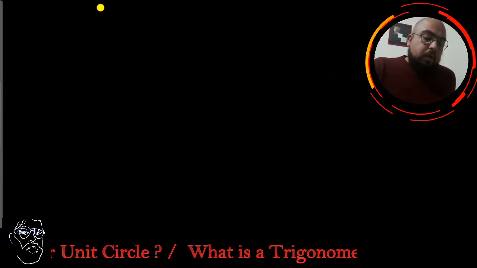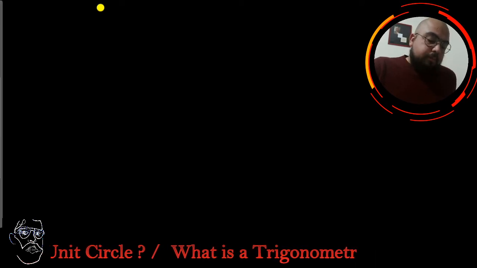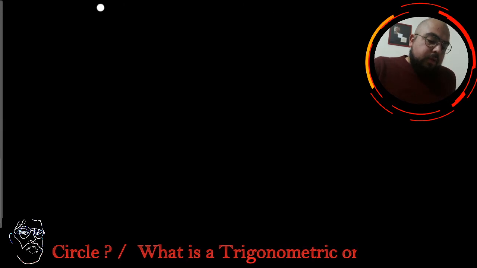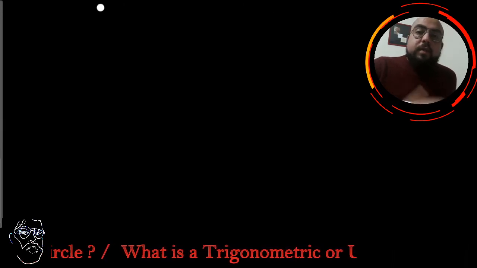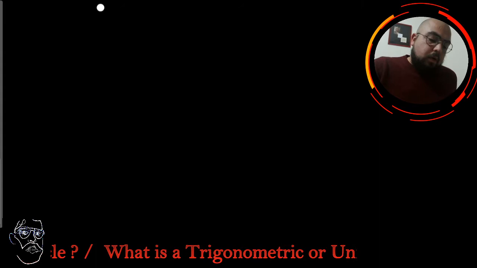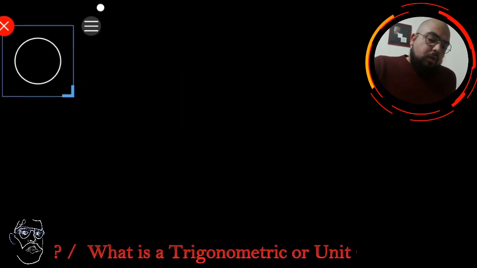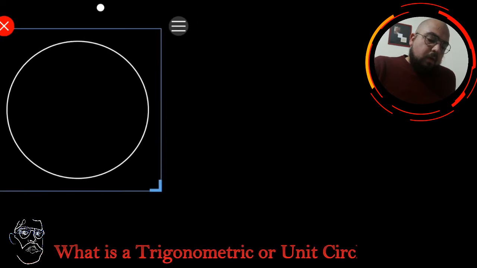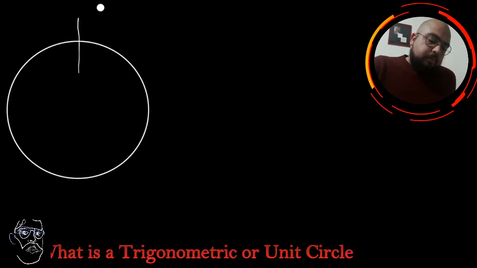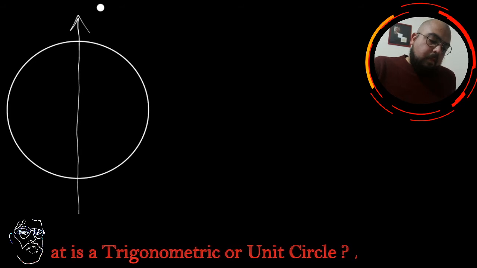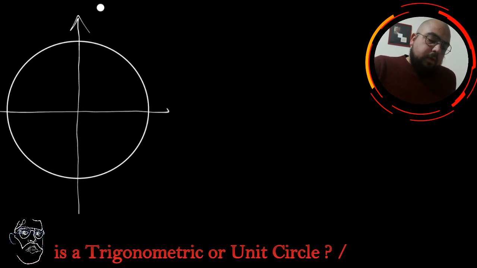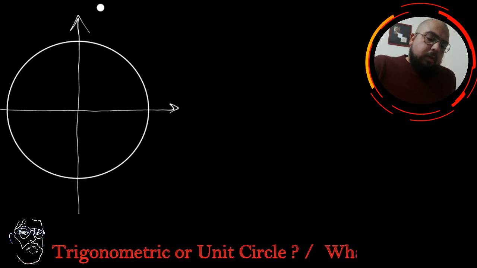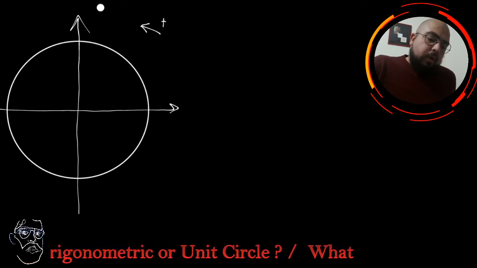The second part is to talk about the unit circle, but we're interested in the coordinates of a certain point which belongs to this circle. So let's take again the same example. This is our circle. The radius is 1. This is the positive conventional orientation.